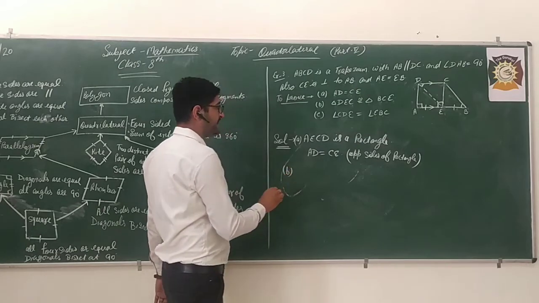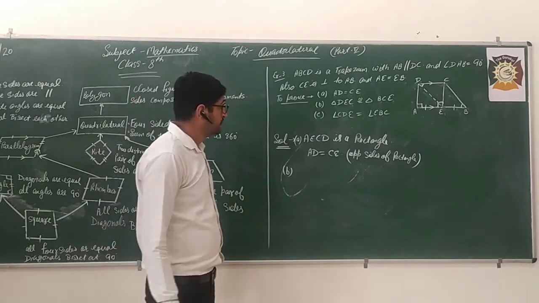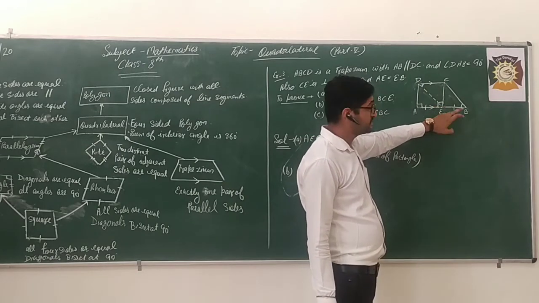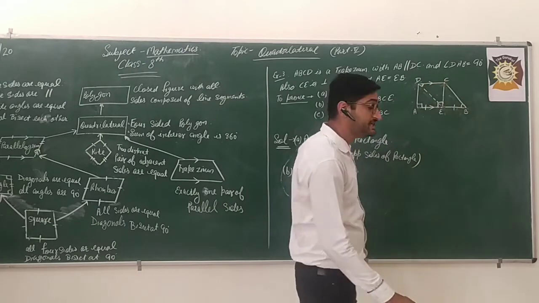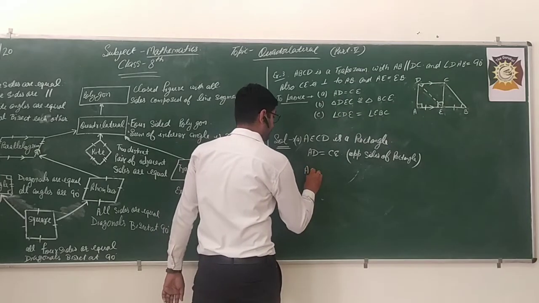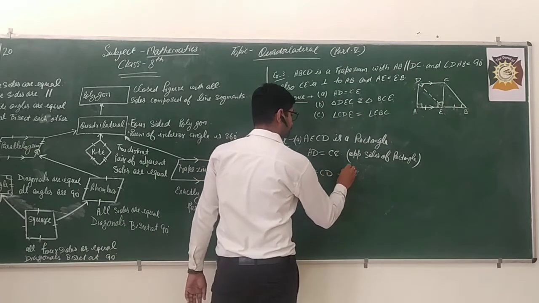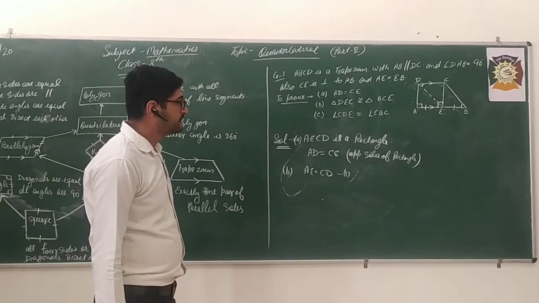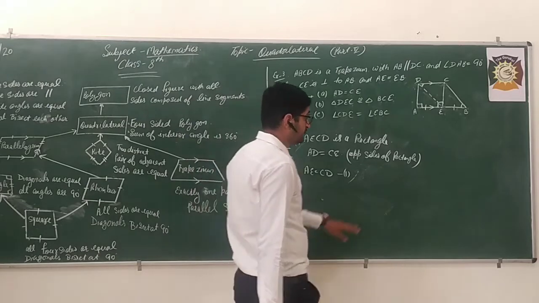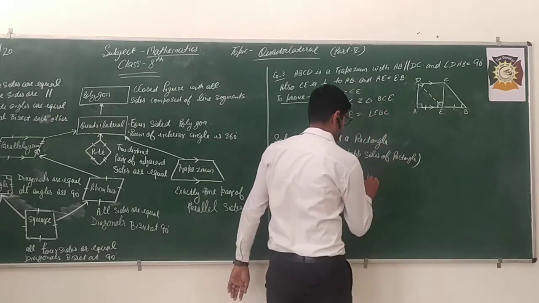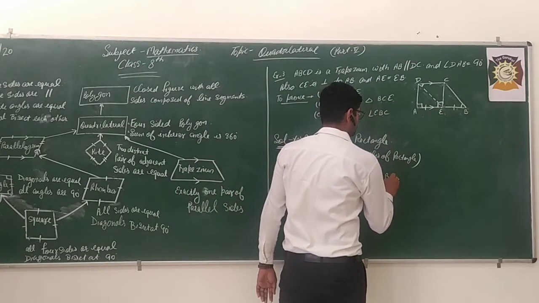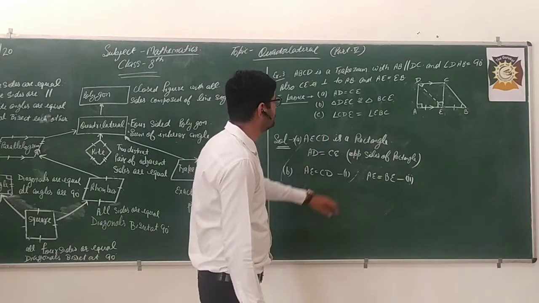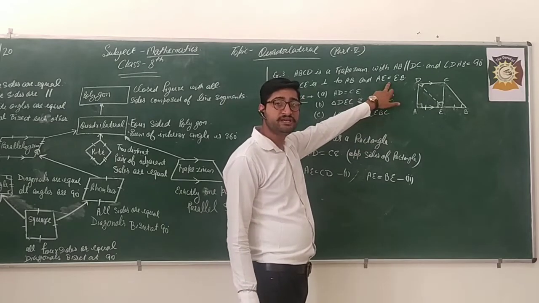Now in the B part, AE is equal to CD, because these are also opposite sides of the rectangle, but it's given that AE is equal to BE. Here it's given that AE is equal to BE.